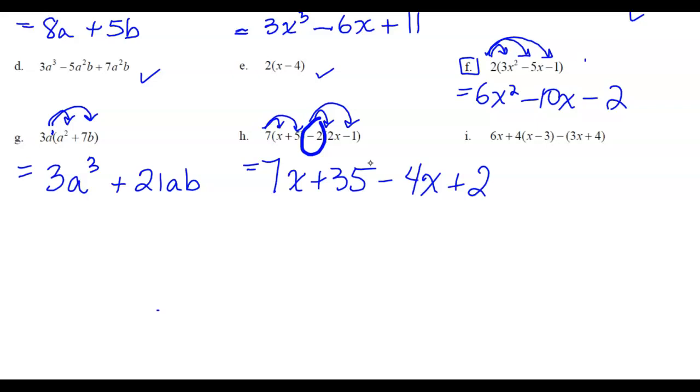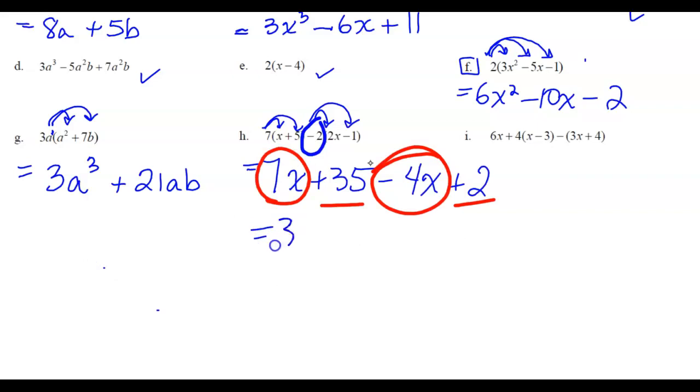Expand them out, and now we have those as like terms and those as like terms. So 7x minus 4x is 3x. 35 plus 2 is 37, so plus 37. That negative in between made that last term positive. Just always remember that. Be really careful.